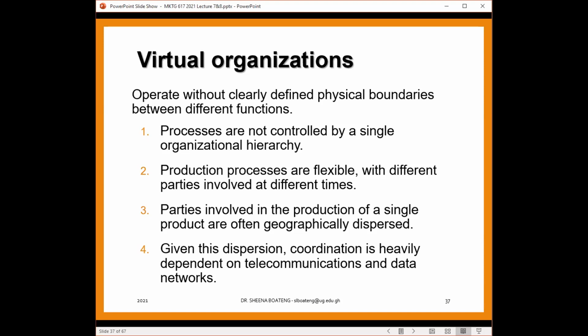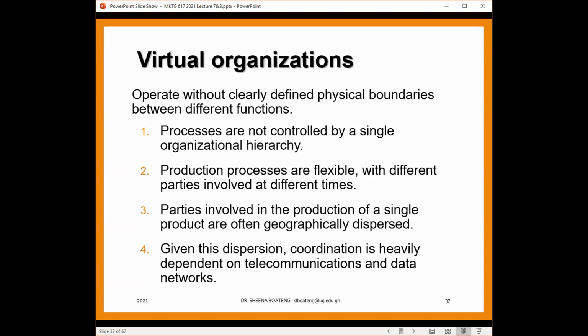Because if you cannot reliably communicate with them in real time, it will be very difficult for you to coordinate their activities and make sure that everyone is doing what they are supposed to do to contribute towards achieving the overall objective.